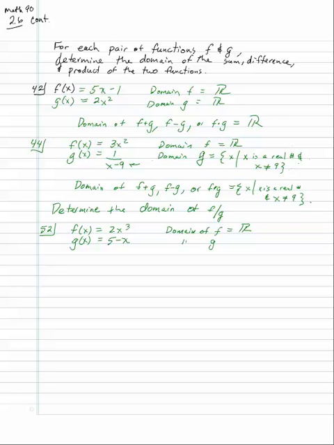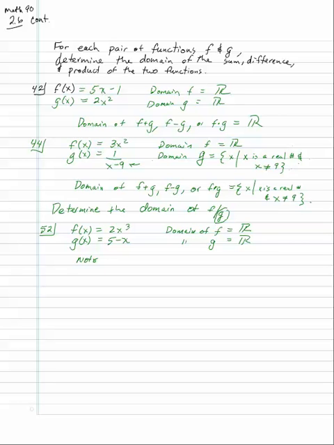For g, it's also a set of all real numbers. But remember, the domain of f divided by g is going to be all real numbers, and anywhere where g, since g is the bottom one, anywhere that g is equal to 0.